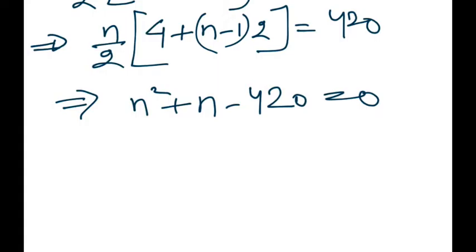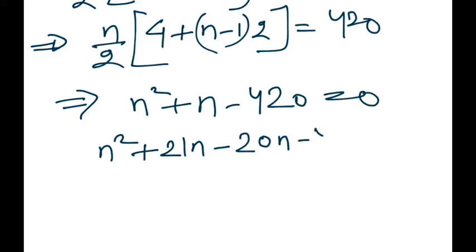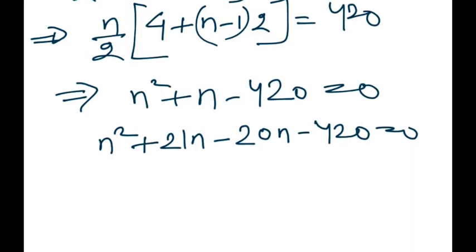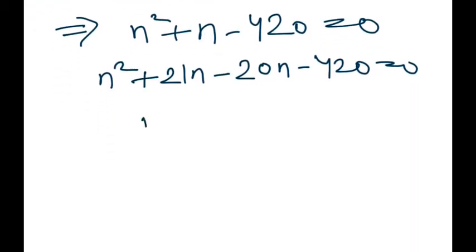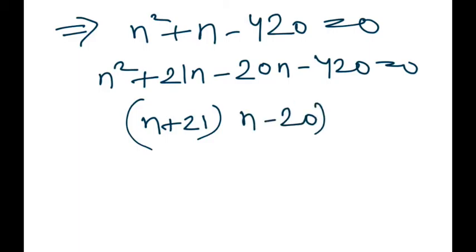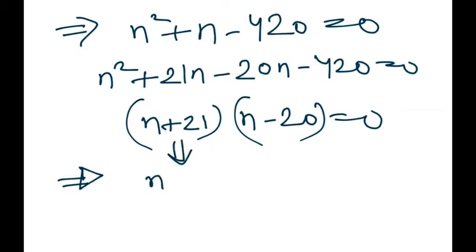We can solve this by factorization. I think 21 and 20 could be those two numbers. So n square plus 21n minus 20n minus 420 equals 0 gives you (n plus 21)(n minus 20) equals 0, therefore this gives n equals minus 21.